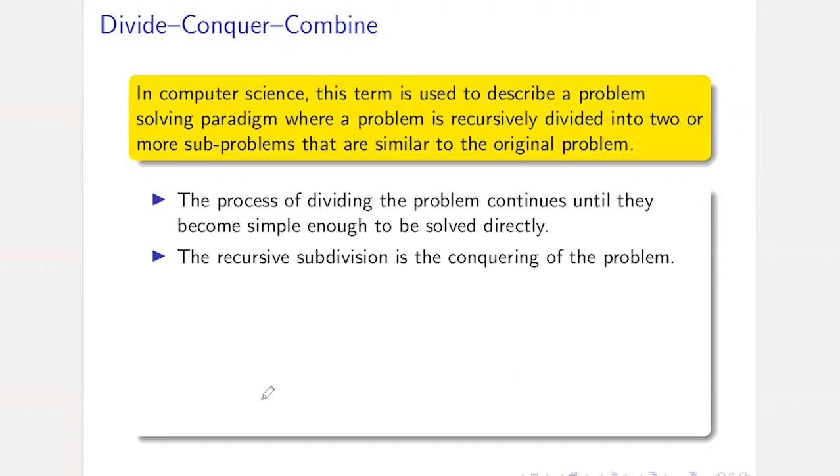The recursive subdivision is how we conquer the problem. So the concept you should understand is that we are not solving our problem just by getting to a simplified level. The actual way of solving the problem is this dividing of the problem, how we divide.